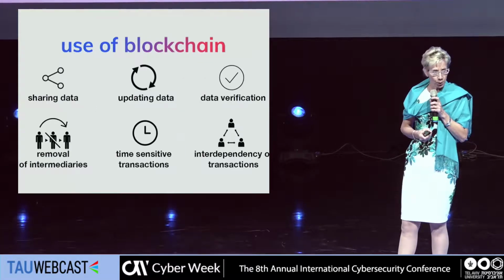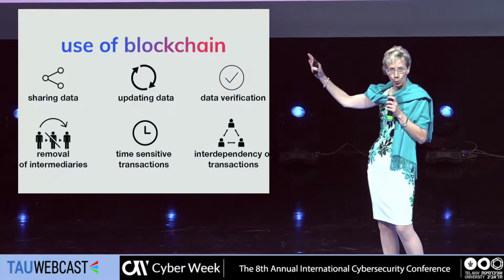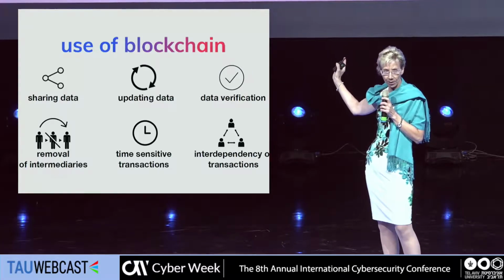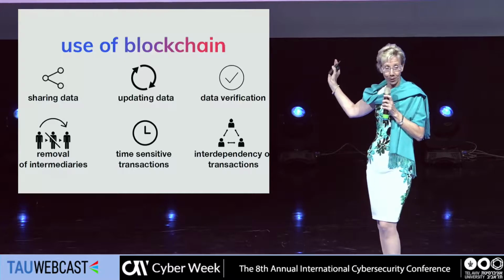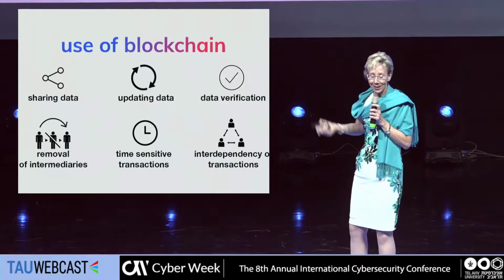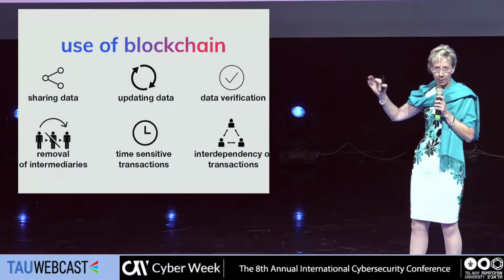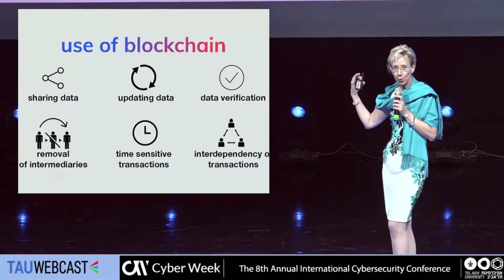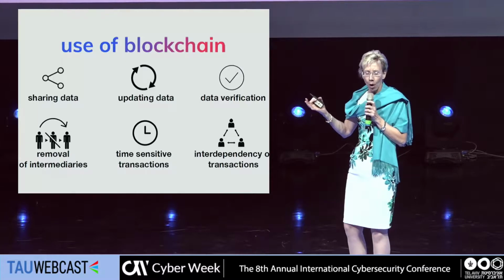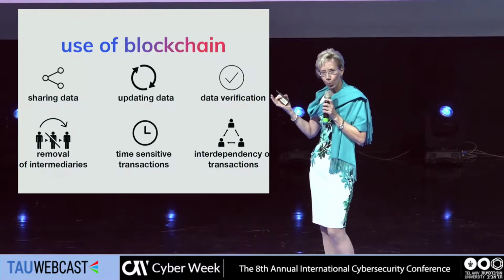When you start to think about how to implement blockchain, you should go through these 6 questions and ask yourself, is this really a need for you? Do you need to share the data among some participants? Do you need to update them in time? The data verification, how important is this?